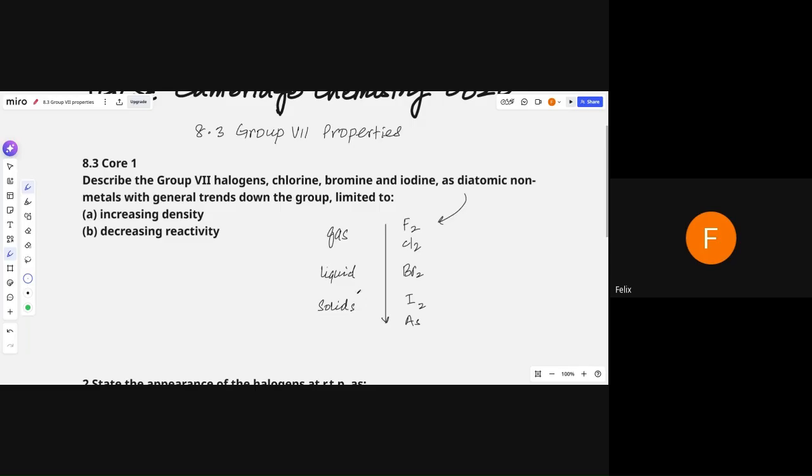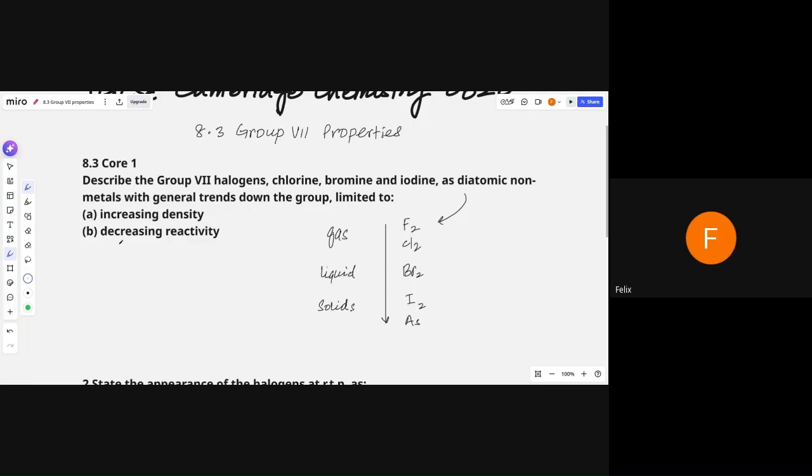This shift from gas to solid means that the density is increasing, because the intermolecular forces between these molecules increase, which forces them to come closer to each other and change their state from gas to liquid and then liquid to solid. The density also increases because more and more mass is being confined in a smaller area.